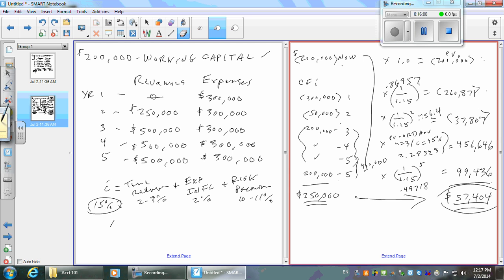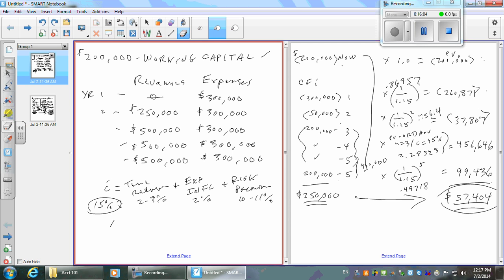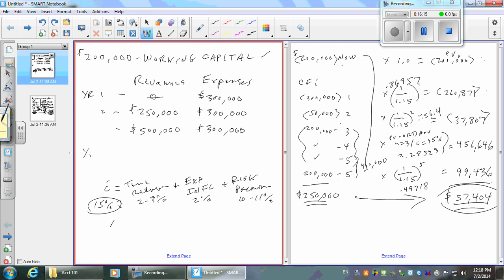Okay, anyway, either way. I want to know what the business is worth if I think years 3 through 10 are this much. Whoops. We got rid of one more, sorry.